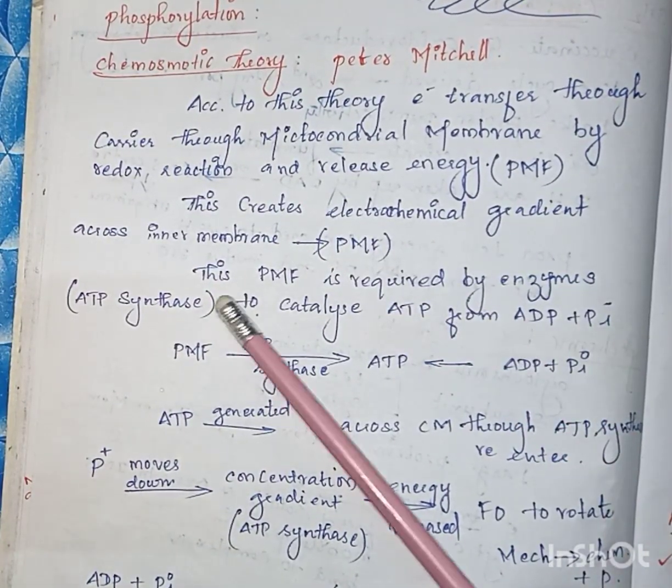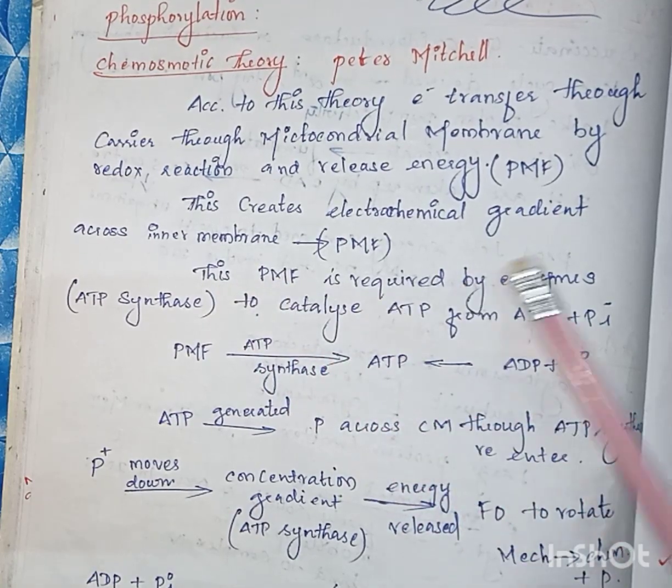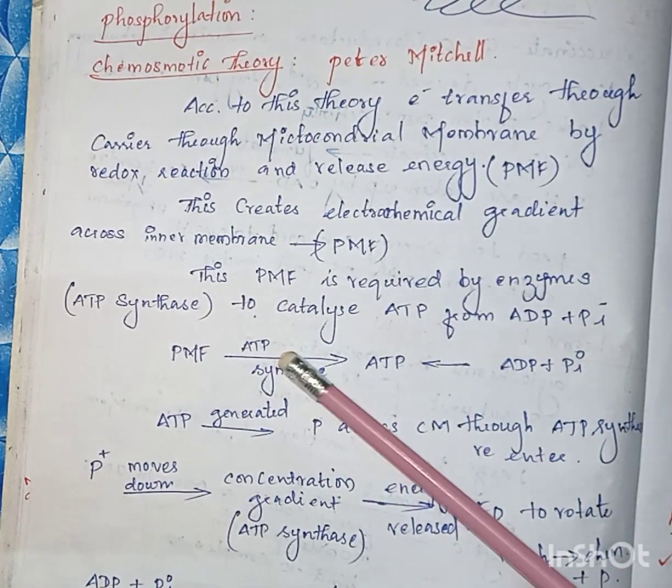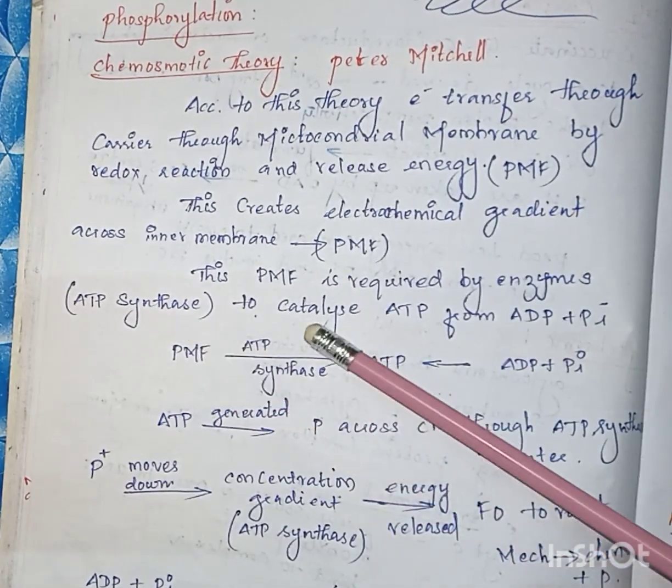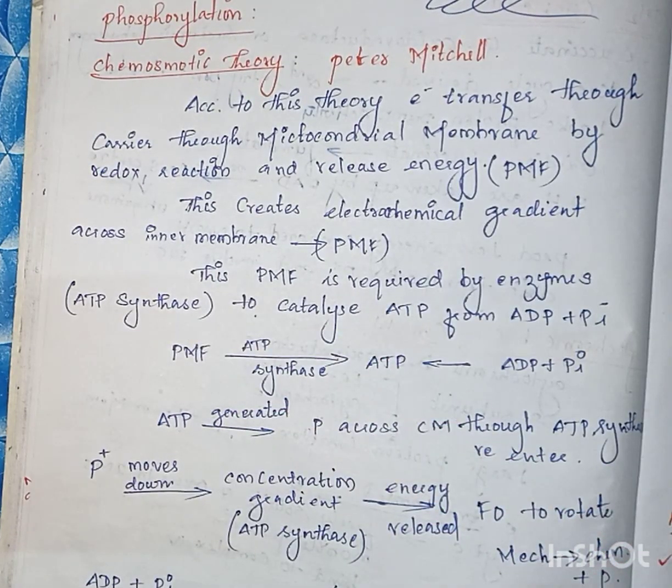This proton motive force is required by the enzyme called ATP synthase to catalyze ATP. For generating ATP, it needs this proton motive force. Only then can it produce ATP inside the cell.